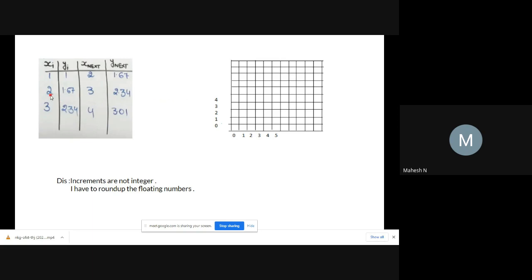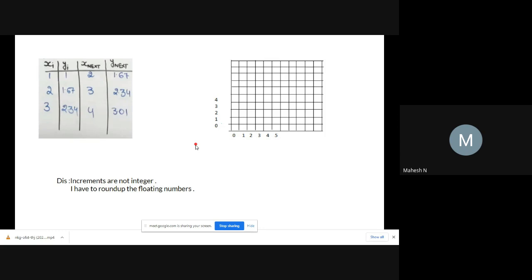Now the next point is 2 comma 1.67. On the x-axis 2 is fine, but I don't have a 1.67 pixel. How are my pixels arranged? My pixels are arranged based on integer increments, 0, 1, 2, 3, 4, 5, and on the y-axis also 0, 1, 2, 3, 4. I don't have floating point arrangements here.